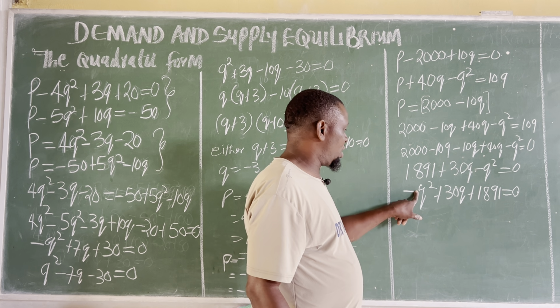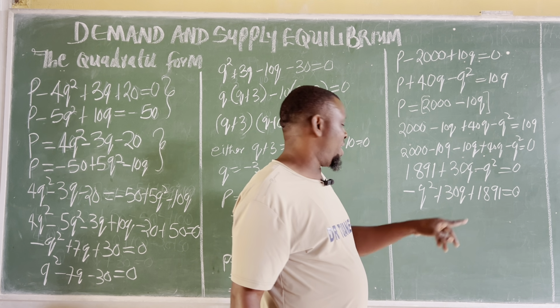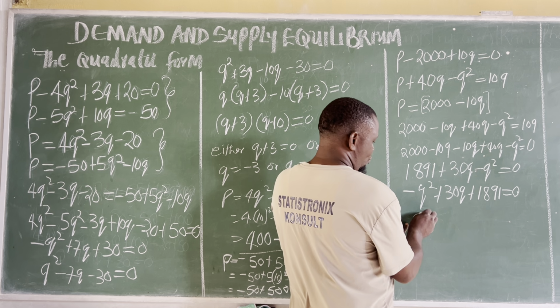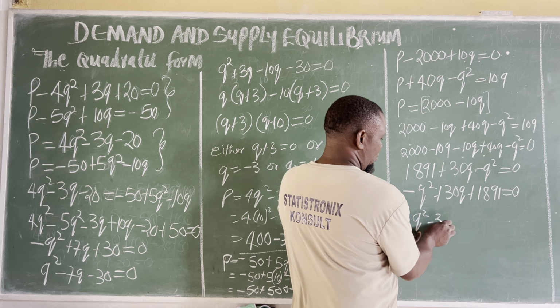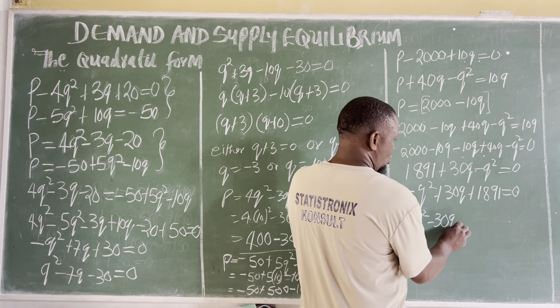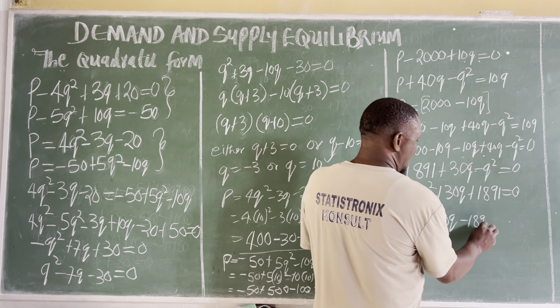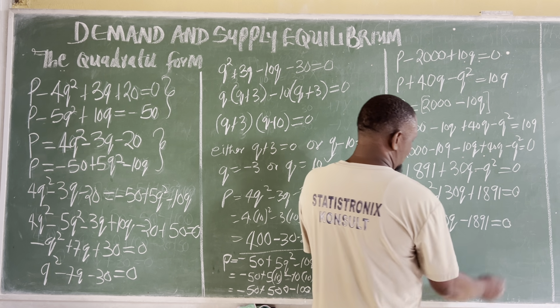To remove this negative value, I want to multiply through by minus 1. This times minus 1 will be q square, this times minus 1 will be minus 30q, and this times minus 1 will be minus 1891. And all of that will be equal to 0.